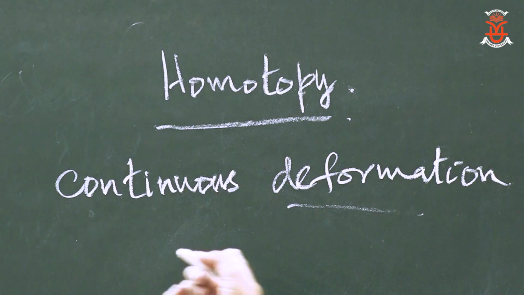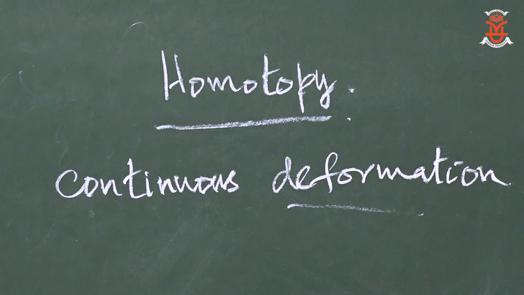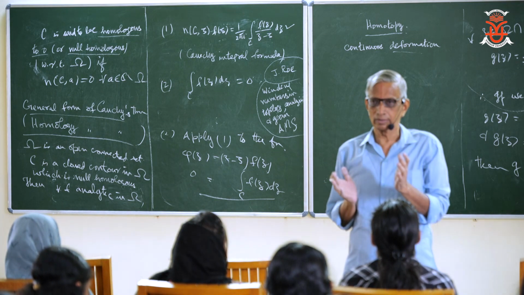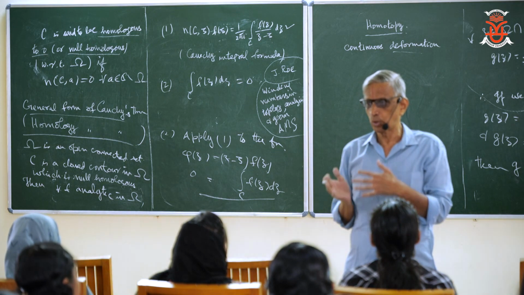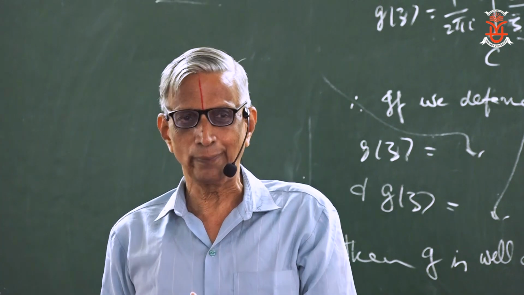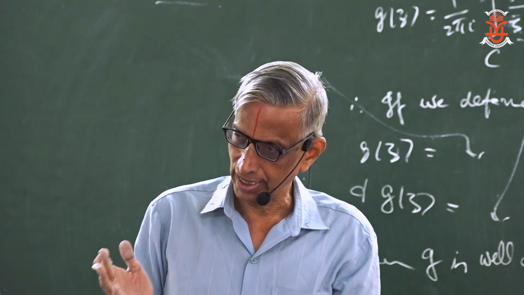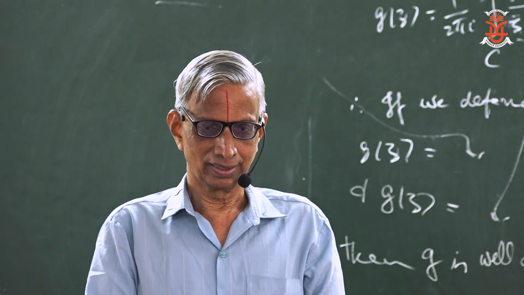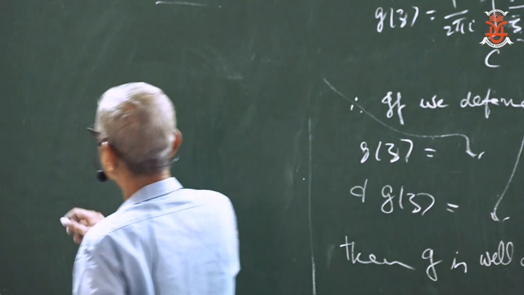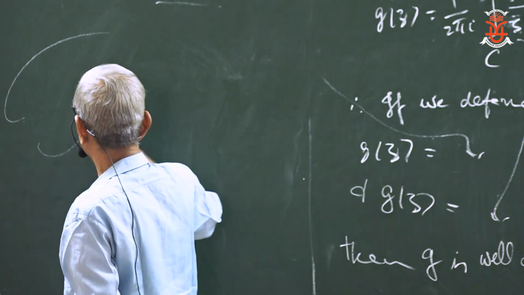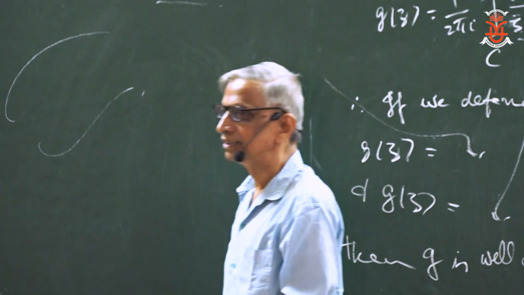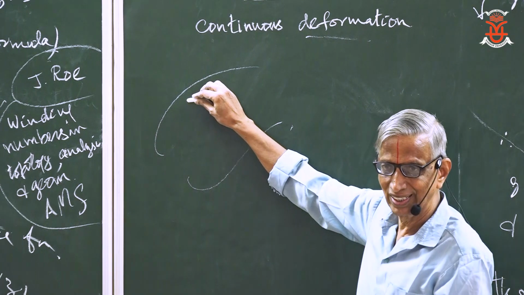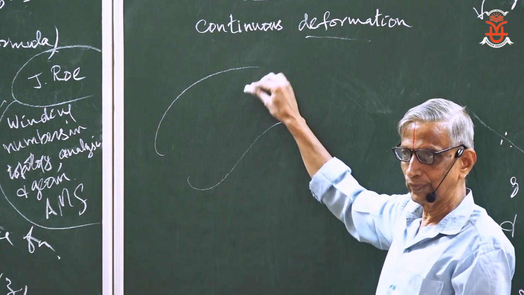In simple terms, it's continuous deformation. You understand the term? Deformation, deform, or deformation. So you say that two curves are homotopic if one of them can be continuously deformed to the other. So what is the meaning of this? You have a curve like that, you have a curve like this. Starting with this, you can just move this continuously so that you end up with this.